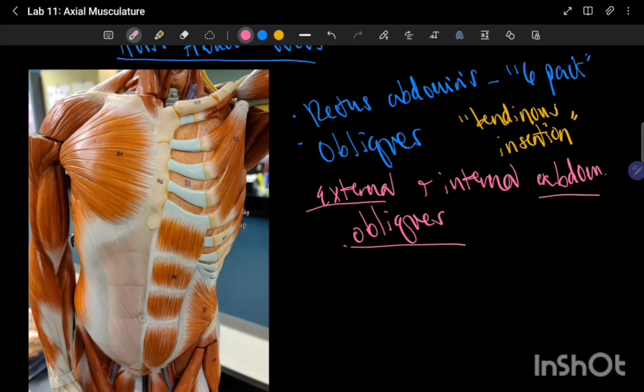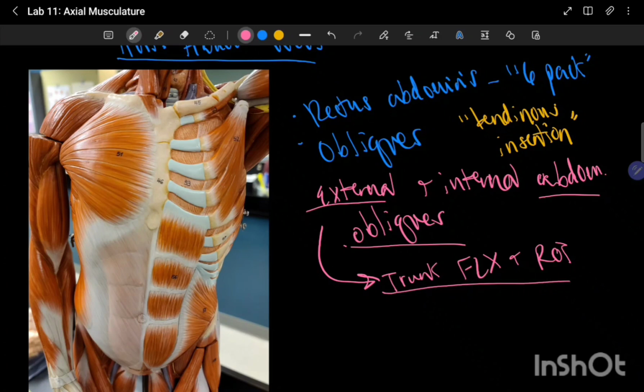Three parts: external or internal abdominal obliques. These are another superficial group. So they are both going to help with flexion and rotation of the trunk. So here's another shared action. When you're making flashcards, or however you want to study, make sure you're grouping them by the same action here.